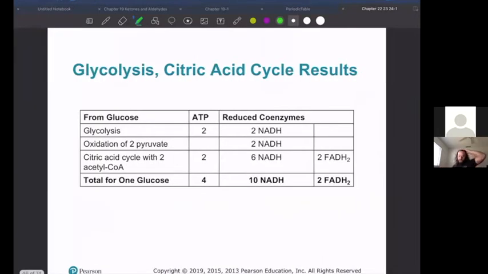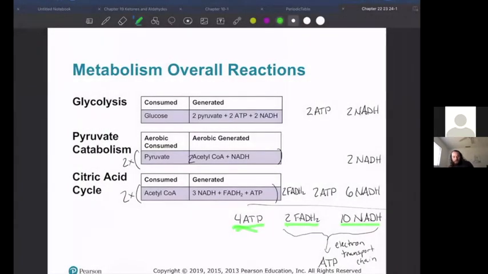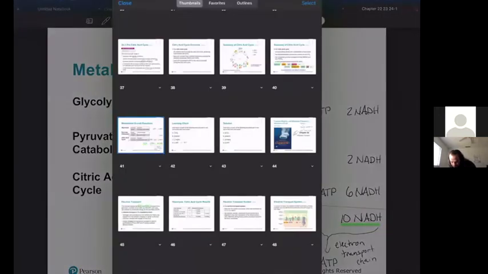Okay, so this is actually a summary of what I just did at the end of the last slide of the previous lecture, when we went through and summed up how much ATP, FADH, and NADH we had at this point from our three processes: glycolysis, pyruvate catabolism, and the citric acid cycle. So that's what this is saying here.